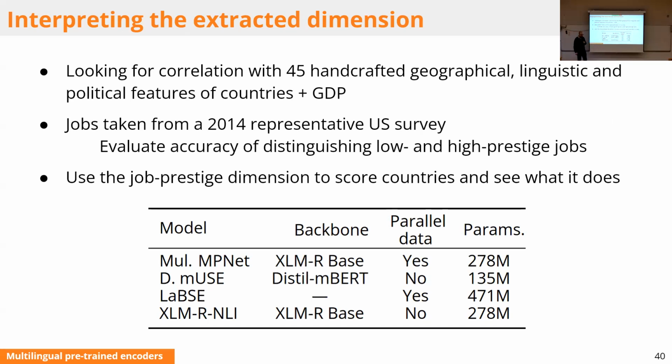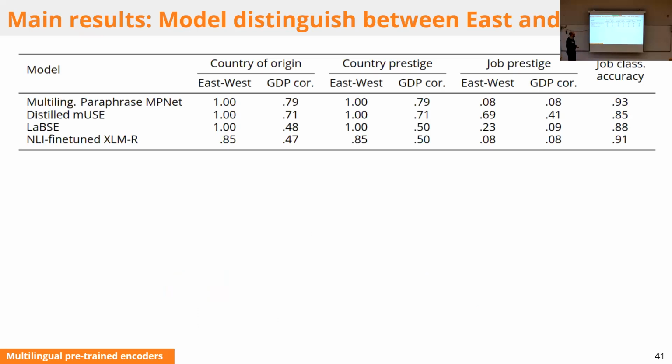This is a model by Google that's very frequently used for parallel data filtering for machine translation, and this is the multilingual sentence BERT created by monolingual data only that comes from the previous paper.